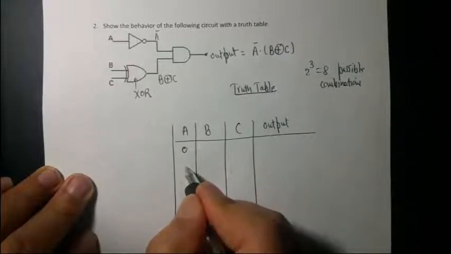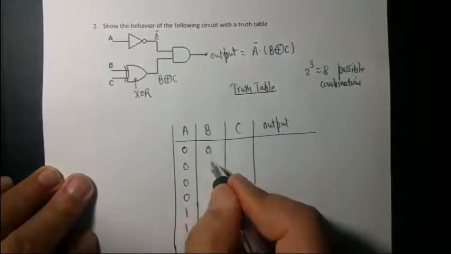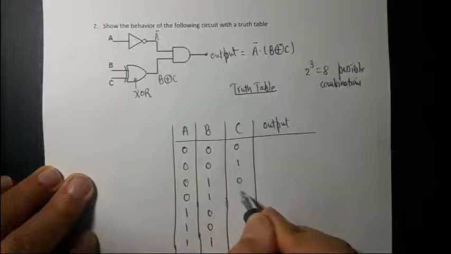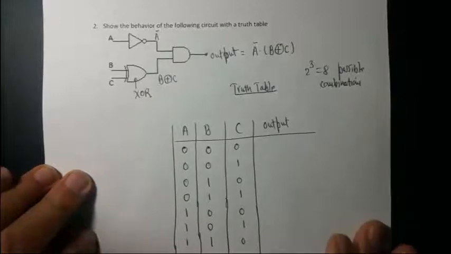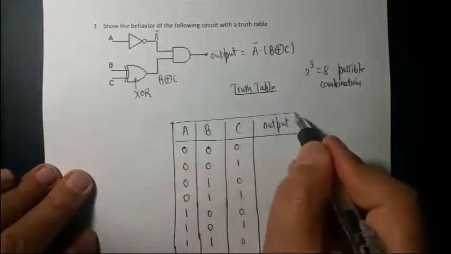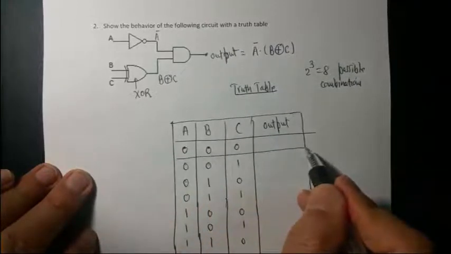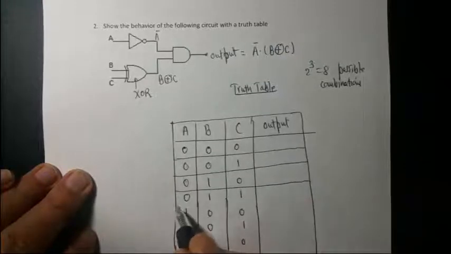Do the same thing: 0, 0, 0, 0, 1, 1, 1, 1. So 8 possible combinations. Then alternately 0, 0, 1, 1, 0, 0, 1, 1, and 0 1 0 1 0 1 0 1. That's all the possible combinations. This is just a little trick, and here's your output. So you can build this nice table.